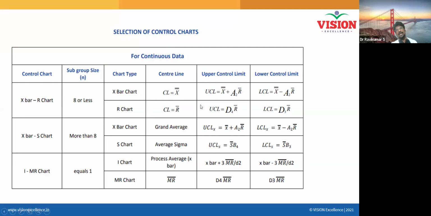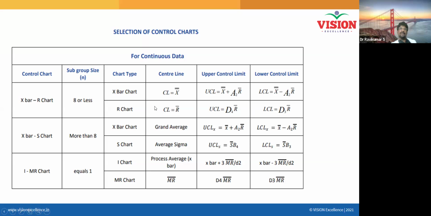And this is how you calculate the upper and lower control limits for an X bar chart and an R chart. For an X bar chart, the upper control limit is X double bar plus A2 into R bar. A2 is a constant. For the lower control limit, it is X double bar minus A2 into R bar. Similarly for an R chart, it is D4 into R bar, and the lower control limit is D3 into R bar.